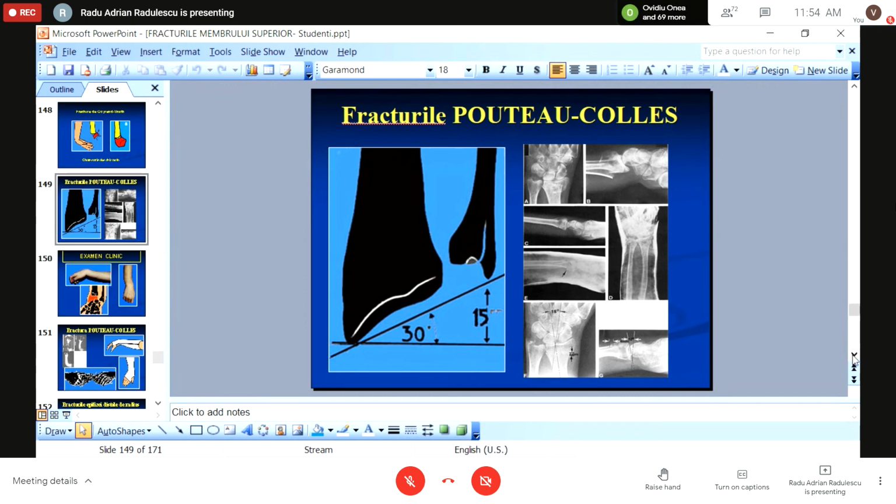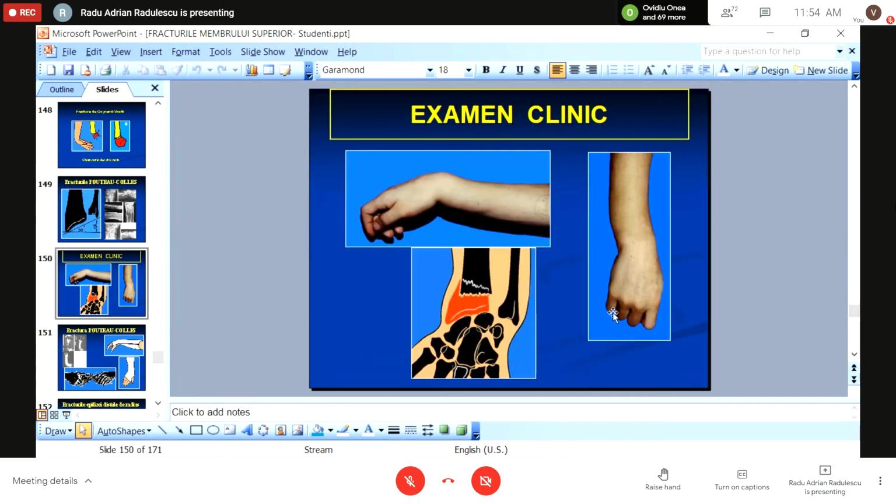The treatment of this fracture: here is the aspect of the hand and of the wrist in such a fracture. There is a lateral displacement and posterior displacement of the distal epiphysis. These fractures are treated by orthopedic treatment.